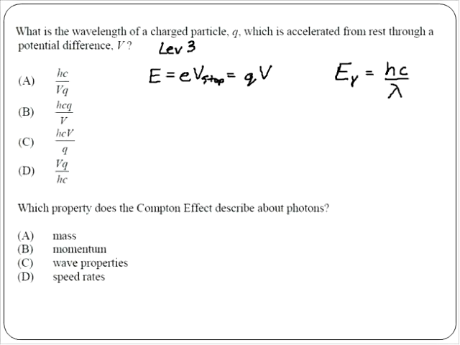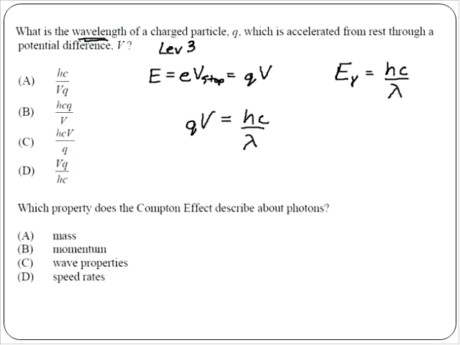Okay, and in this particular case, if photons have energy, then any particle we could measure the energy if we knew the wavelength. So we could actually say this. We can actually use this expression for the energy of any particle. So I'll just make the two of these equal. I can say Q times V, or V times Q, is equal to hc over lambda. But I'm trying to see what is the wavelength. I'm trying to get lambda by itself.